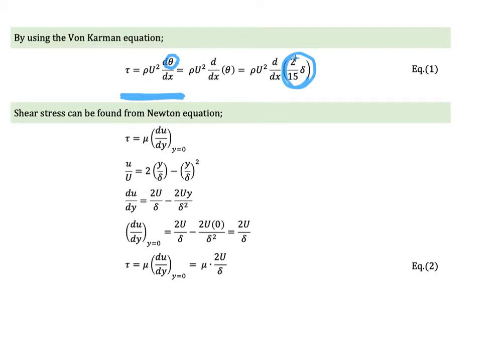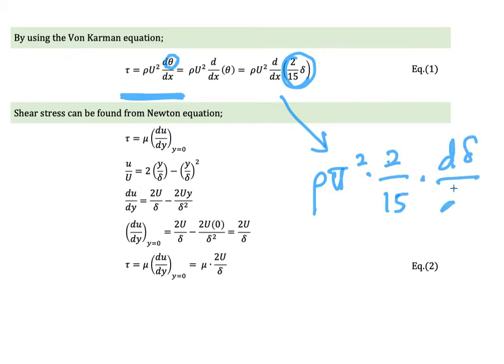In some textbooks, you could simplify the way you write this as rho U square times 2 over 15 times d delta over dx. Okay, in some textbooks they will write it as this one, which means that you bring the delta to the d, the x here. So this is the equation from the von Karman.